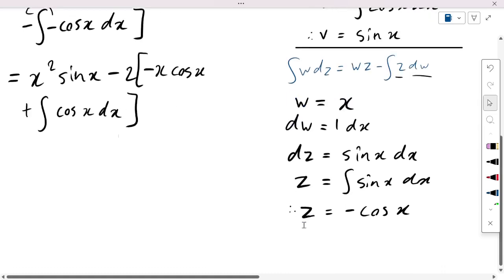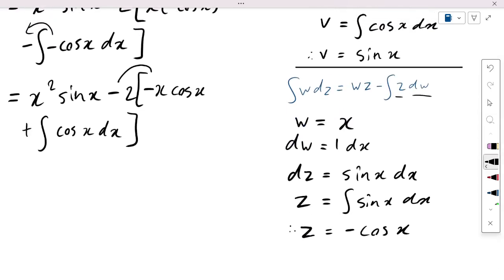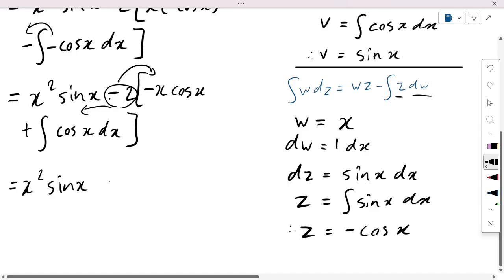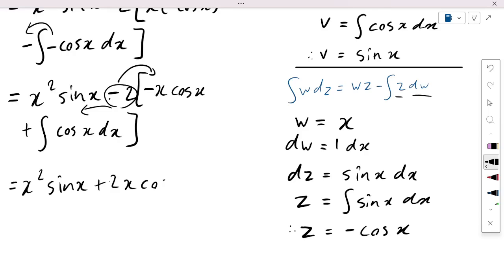And now I would recommend this: take this negative 2 into both of these terms in the bracket. And therefore we're going to have x squared sine x, positive 2x multiplied by cosine of x, and minus 2 into the integral of cosine x dx. Okay, so that's what we have right now.